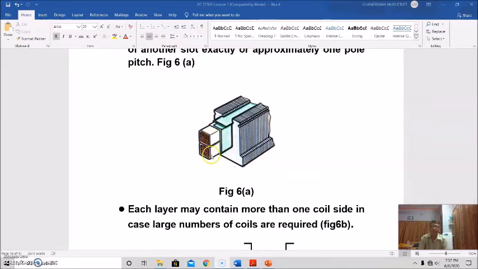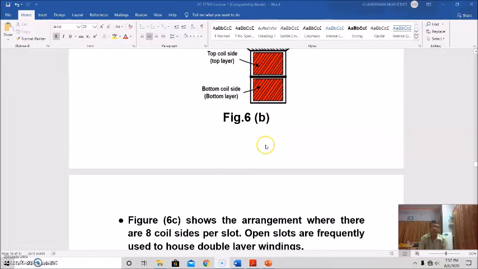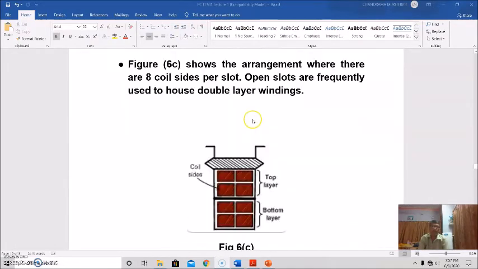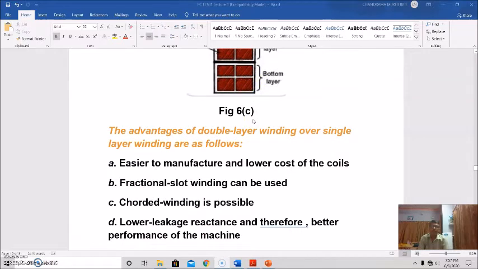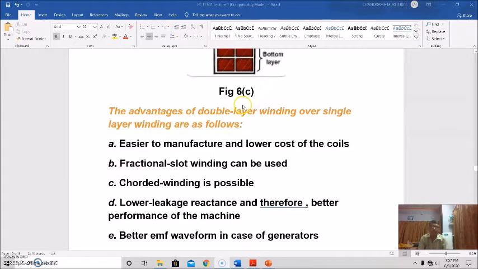This is the top layer, this is the bottom layer, these are top coil sides, bottom coil sides, and definitely bottom coil sides of another coil. So this is 8 coil sides per slot.